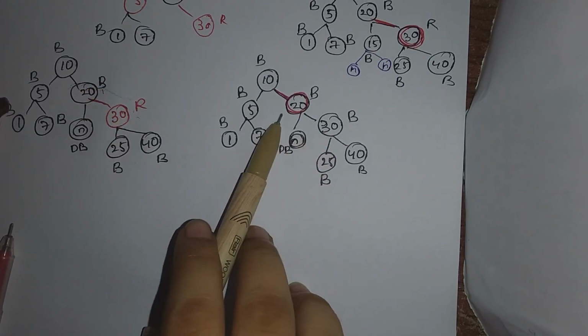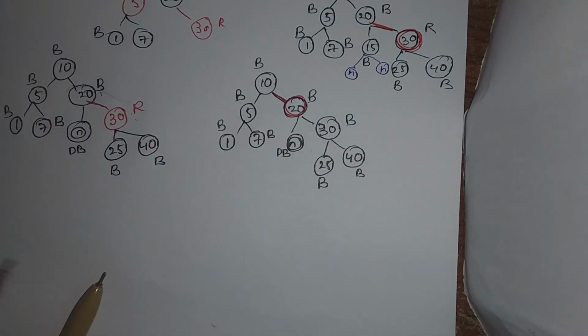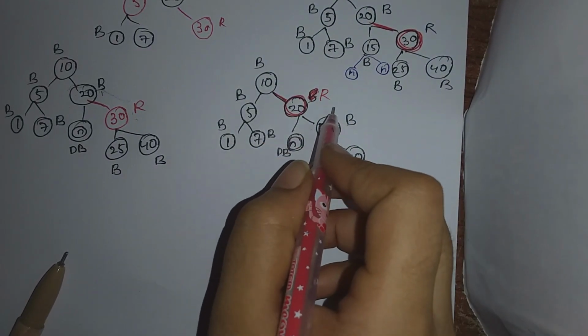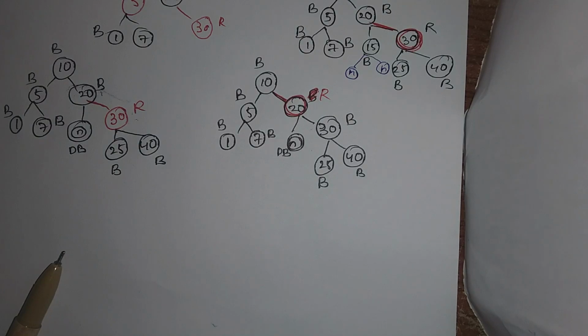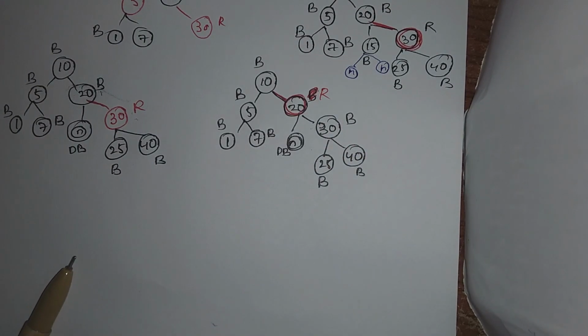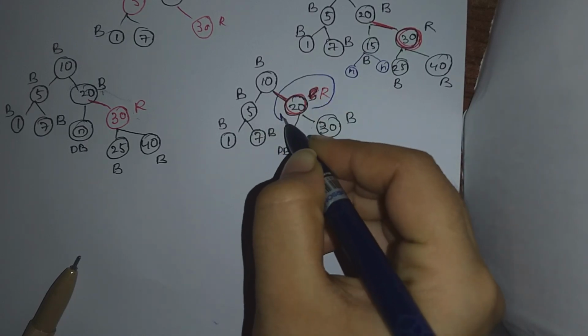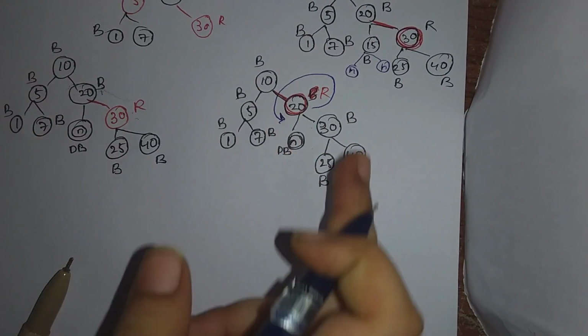So the parent color changes to red after swapping, and the DB's sibling changes to black. Now we have to rotate this parent towards DB. Rotation takes place towards DB.